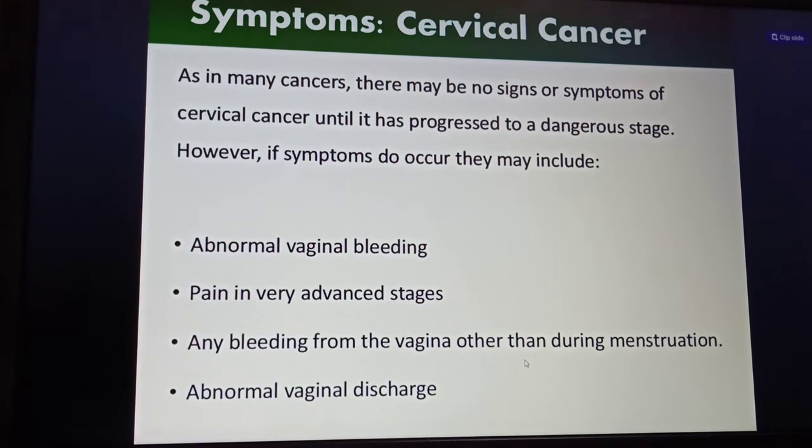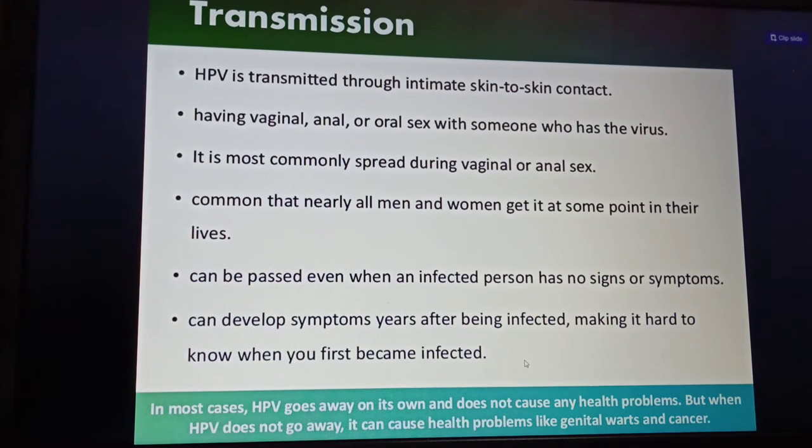How are these infections transmitted? One we already discussed: sexually transmitted disease. The next is transmission through intimate skin-to-skin contact, or vaginal, anal or oral sex. The virus is transmitted and spread during vaginal or anal sex, which is the most common route. It can also spread between nearby areas in men and women.